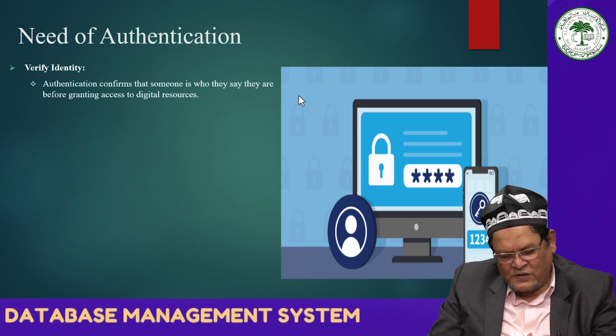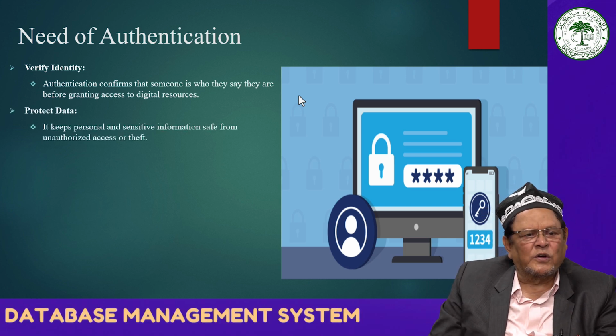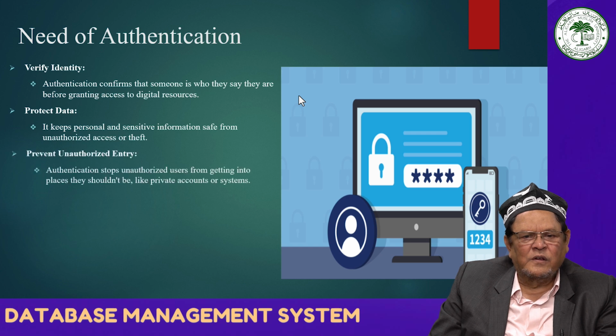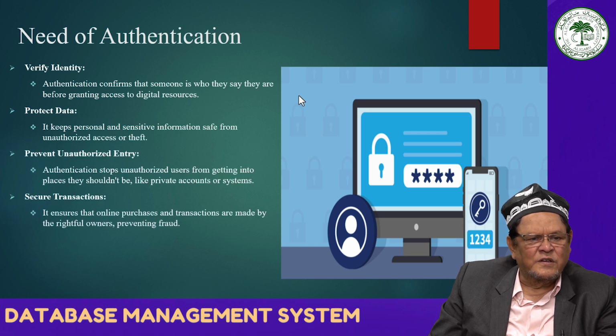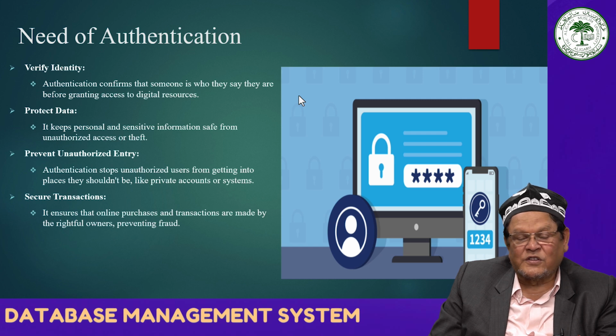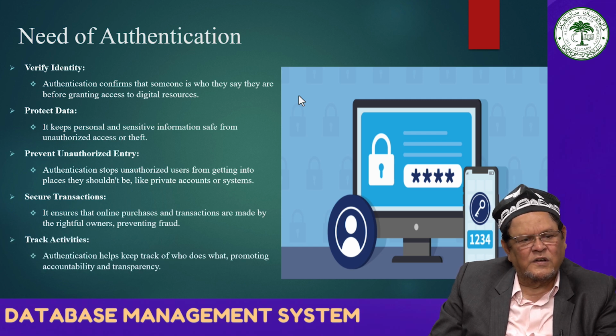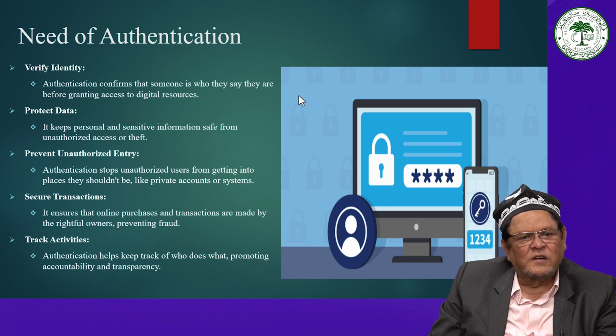So verify identity also. Next is protect data, and then prevent unauthorized entry. Secure transaction: transactions must be secure when you are sending data from one place to another. And track activities. These are the needs of authentication.